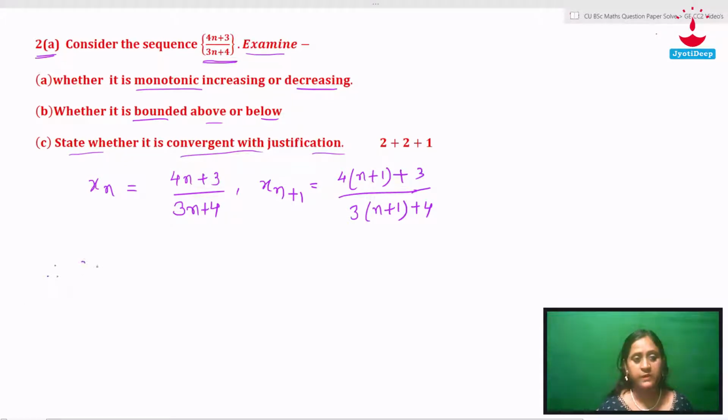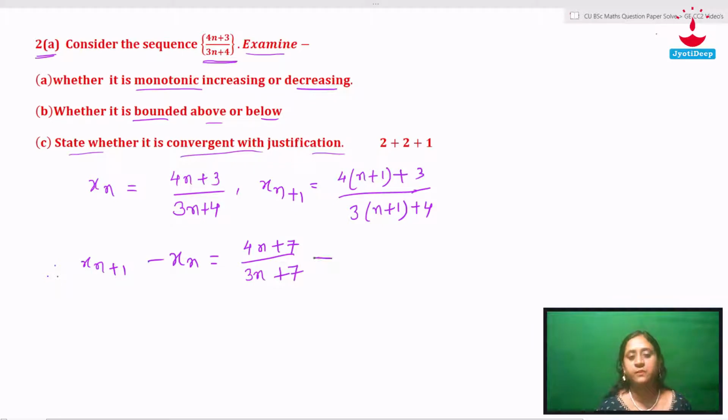So xn plus 1 minus xn কি হবে দেখো, এটাকে আমরা সিম্পলিফাই করে লিখে দিচ্ছি 4n plus 4 plus 3, that means (4n plus 7) divided by (3n plus 3 plus 4), that is 7.